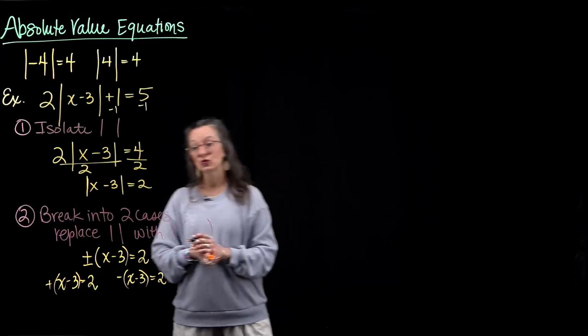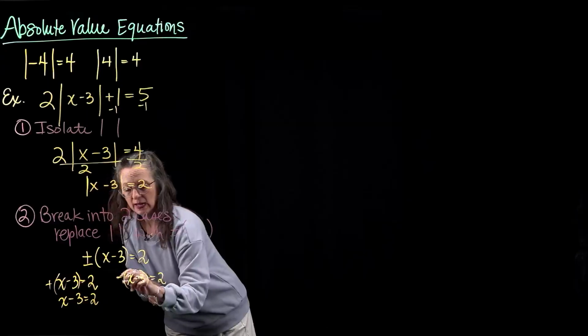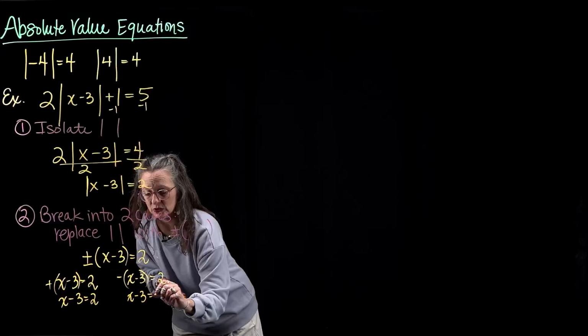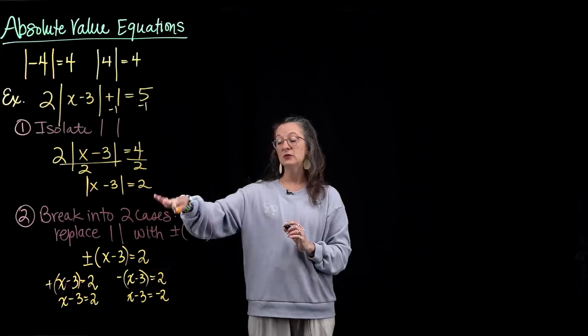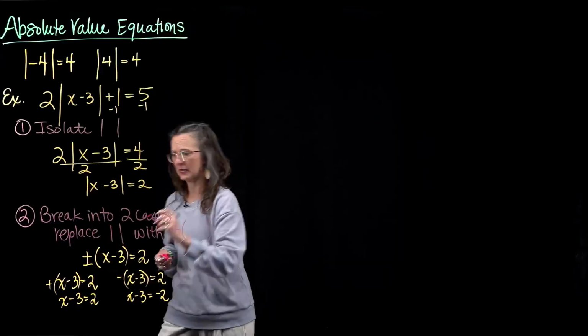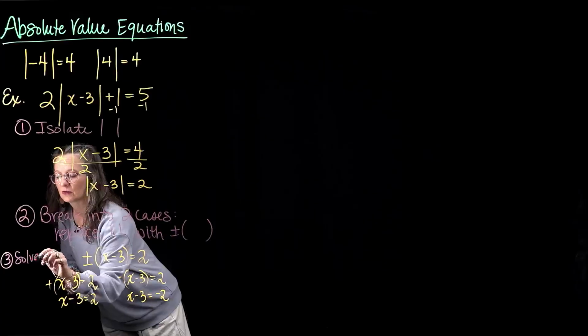So I have x minus 3 equals 2, and for the negative case I'm going to multiply both sides by -1 to get x minus 3 is equal to -2. I'm solving both cases. We'll make a little note, kind of running out of room here. So solve both.